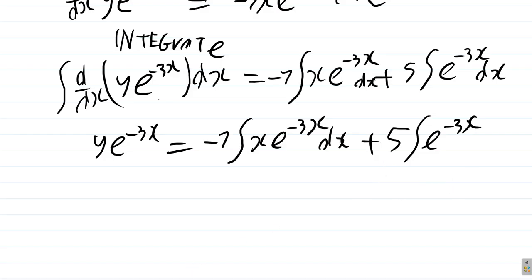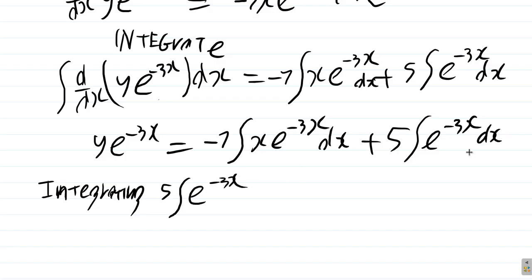Now, if you were doing a lot of practice of your integration by substitution, you wouldn't have a problem doing that mentally. But let me assume you haven't been doing that. So 5 integral of e to negative 3x dx.